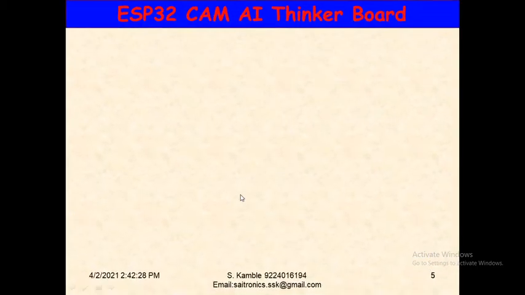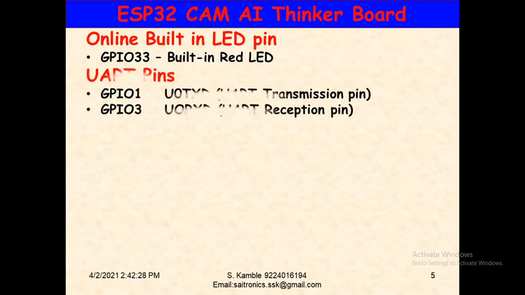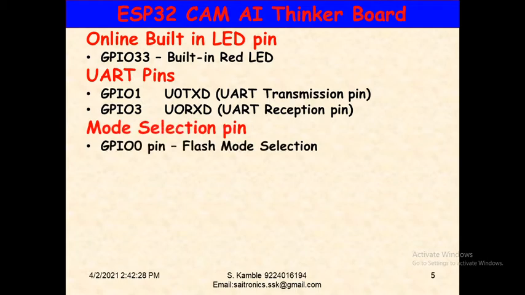So if you categorize these pins, the first is the onboard built-in LED pin, which is connected to GPIO 33, which has a built-in red LED. UART pins, GPIO 01 and GPIO 03, are used for transmission as well as reception, and programming is done through these pins. Then it has a mode selection pin. This pin is very important, the GPIO 0 pin.